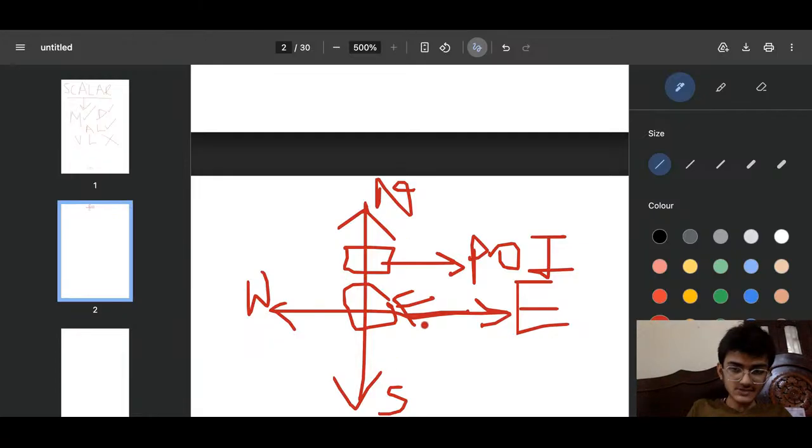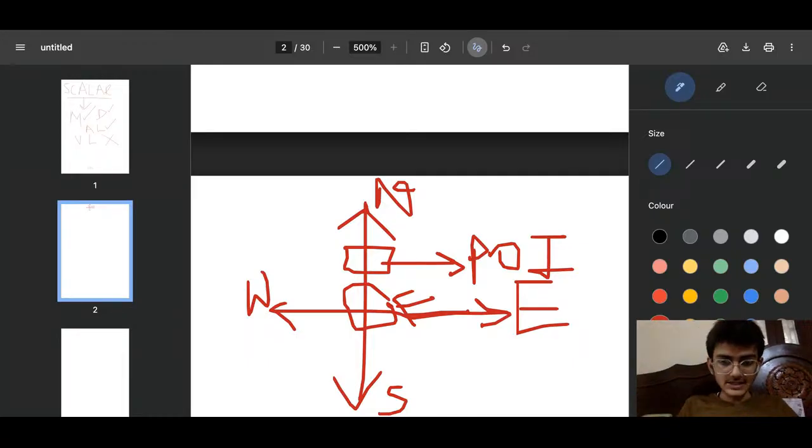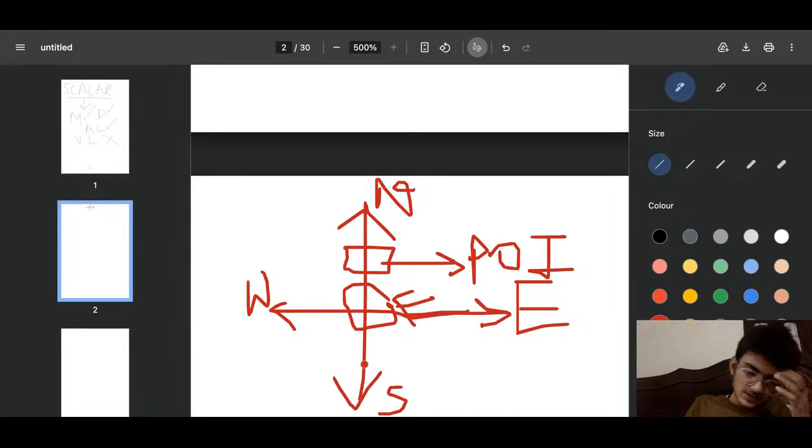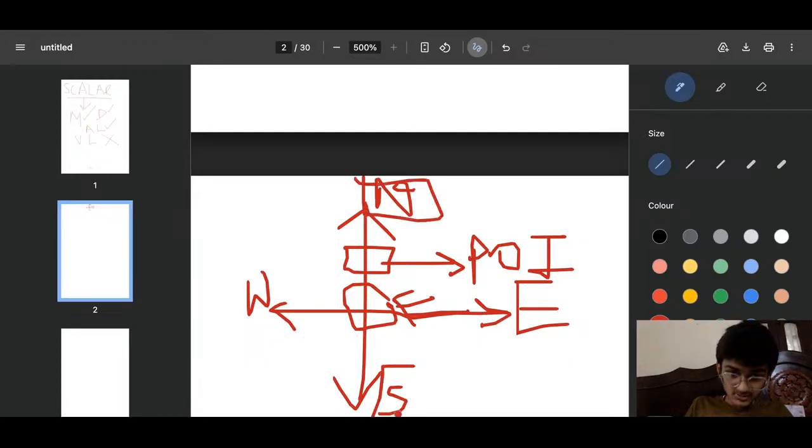See, I am also using these vague words because your mind is trained in this way. If I say vertically upward, it will cause confusion. Just try to understand. With respect to this particular reference point, this direction is so called north, this is so called south, this is so called west, and this is so called east.